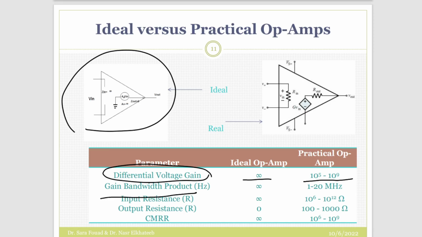The bandwidth is infinite in the ideal operational amplifier, but in the practical operational amplifier it varies from 1 to 20 megahertz.